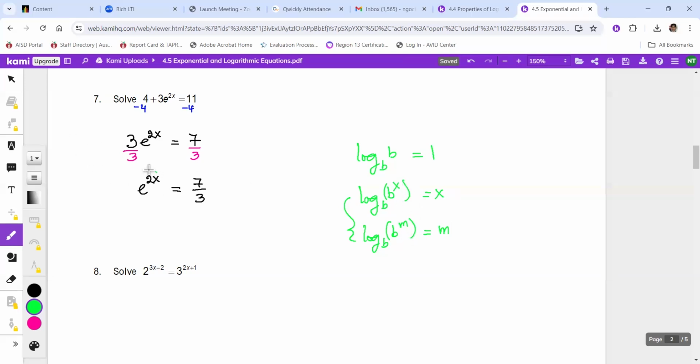So here, because this is the base e, I'm going to take the natural log. Natural log of e to the power of 2x equals natural log of 7/3.